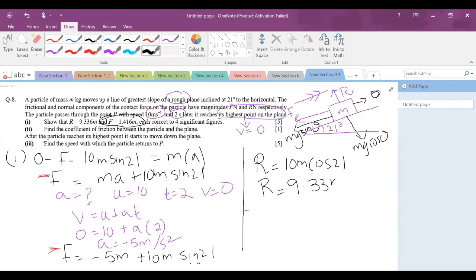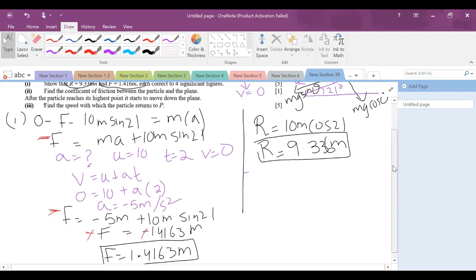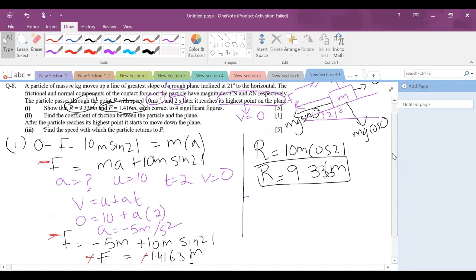So we got what we were supposed to show. 9.336 m because it says correct to 4 significant figures. So there's also a 6 after that. Okay, part 1 is done.